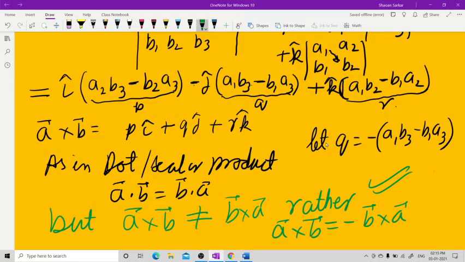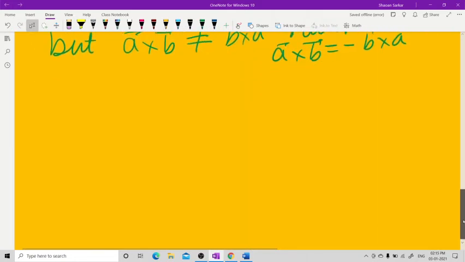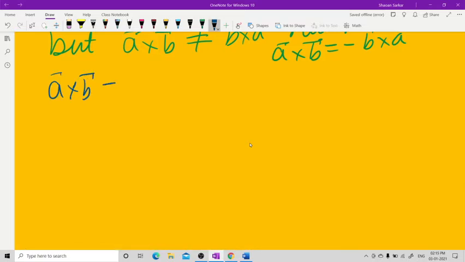Now, as usual, let us come down and see the final thing. We had A cross B equals mod A, mod B, sine theta, eta vector.